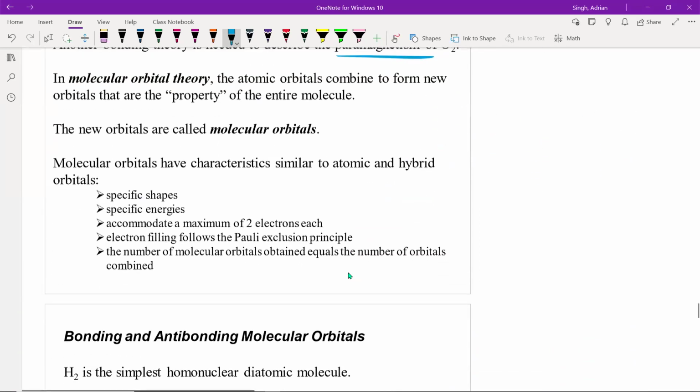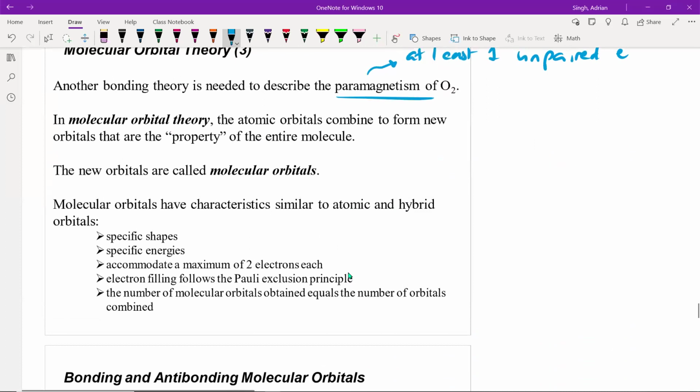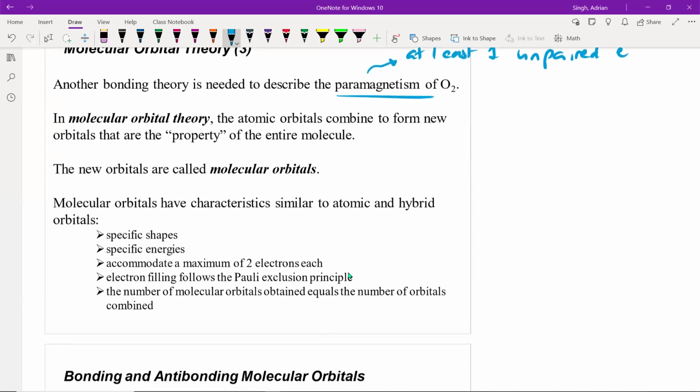So, what's the basis, what's the idea behind MO theory? Well, according to MO theory, the atomic orbitals are going to combine to form new orbitals that are going to belong to the entire molecule as opposed to a single atom in that molecule.